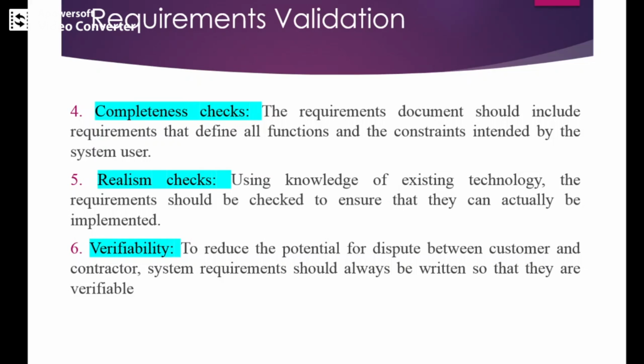By using knowledge of previously made projects or any existing technology, you can ensure that you can develop this one. You can implement this one. It's not just defining the requirement, you need to see whether you can implement that requirement.